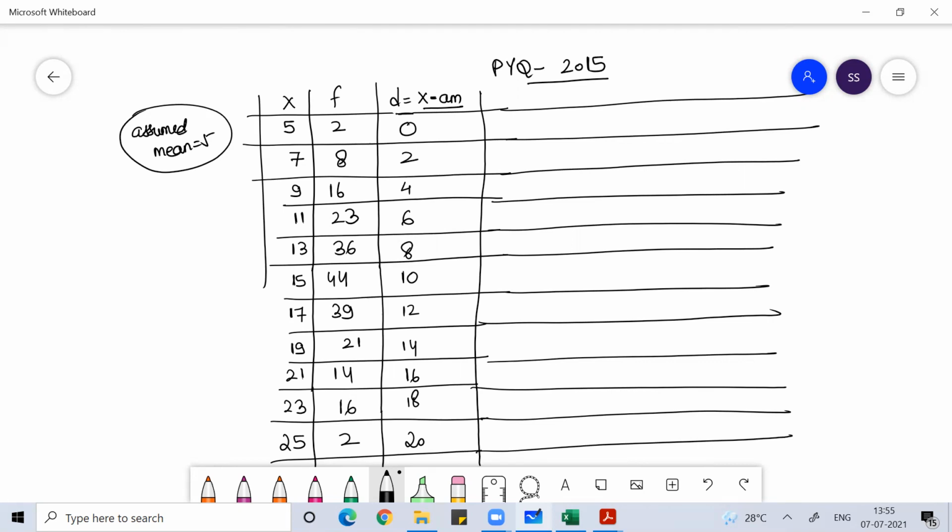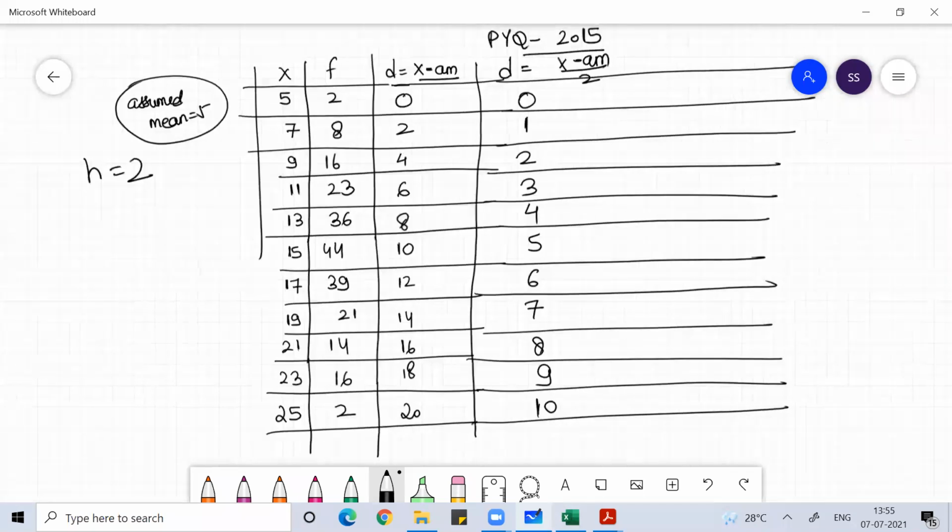So I can write it in a better way. I would write d is equal to (x minus assumed mean) by 2, where my h, the height, is 2. Because all these values are divisible by 2, I can write 0, 1, 2, 3, 4, 5, 6, 7, 8, 9, 10.